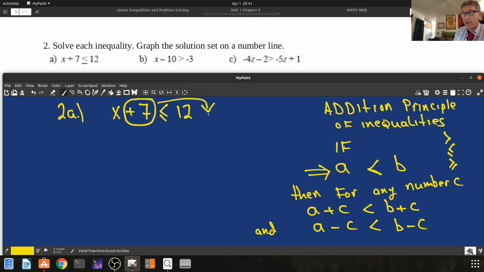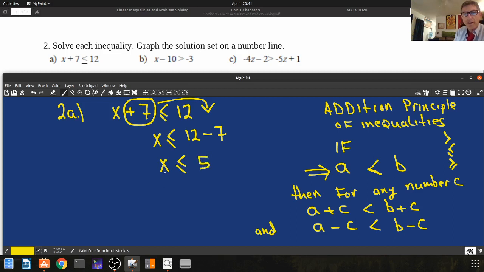And the price you have to pay is it becomes negative. So this gives me x is less than or equal to 12 minus 7. And just simplifying the right-hand side, that gives me x is less than or equal to 5.